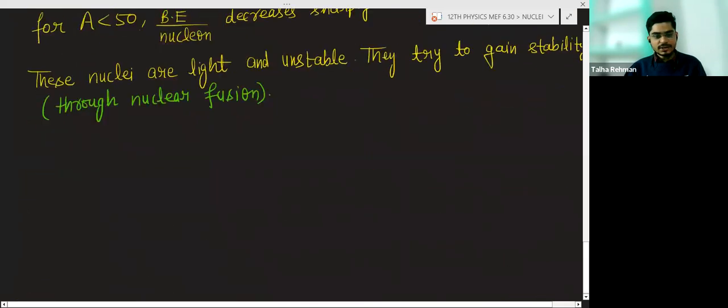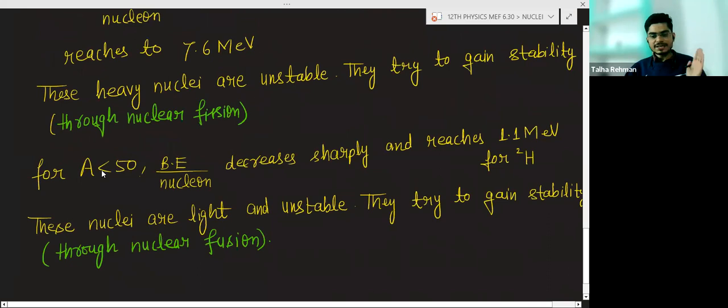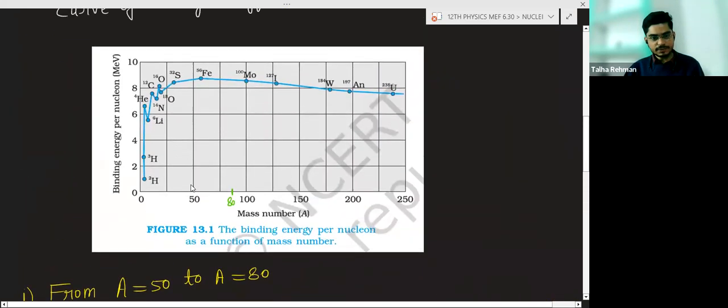After that, for mass number less than 50, from here to here, see this portion of the graph. You can see the binding energy per nucleon is decreasing sharply.